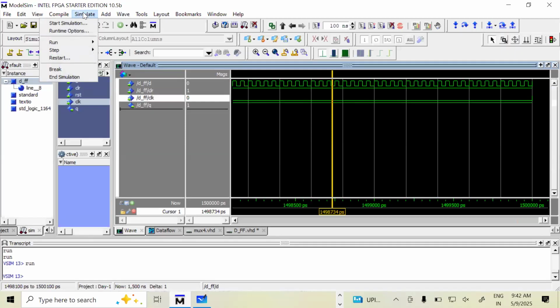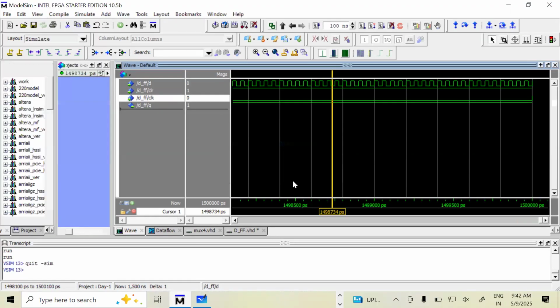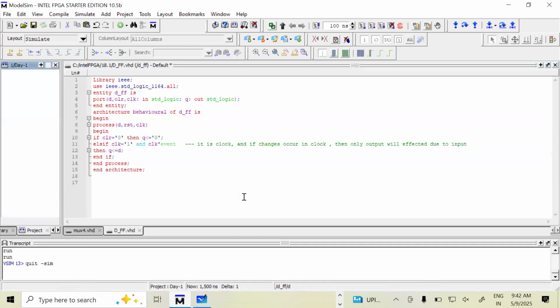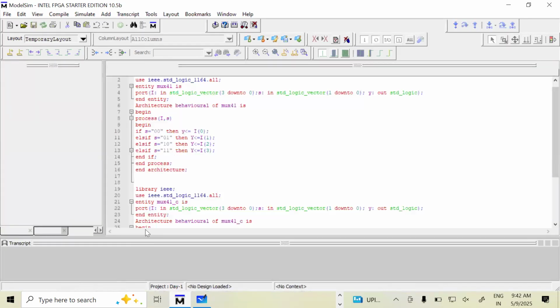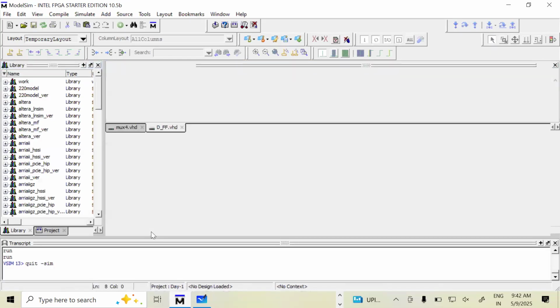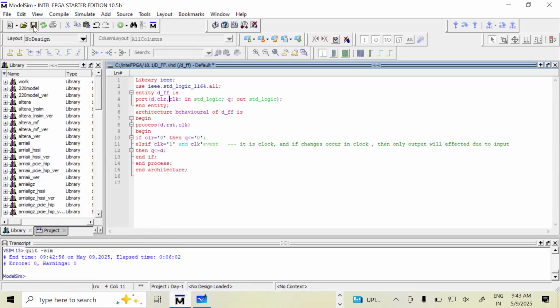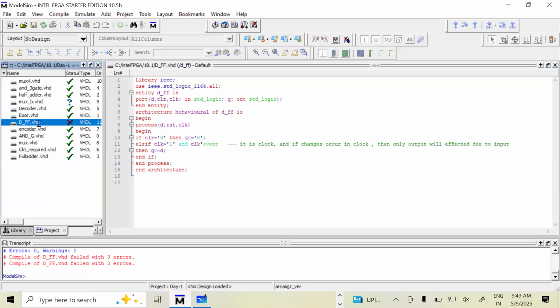Error here. Again, showing error. Why is there an error?